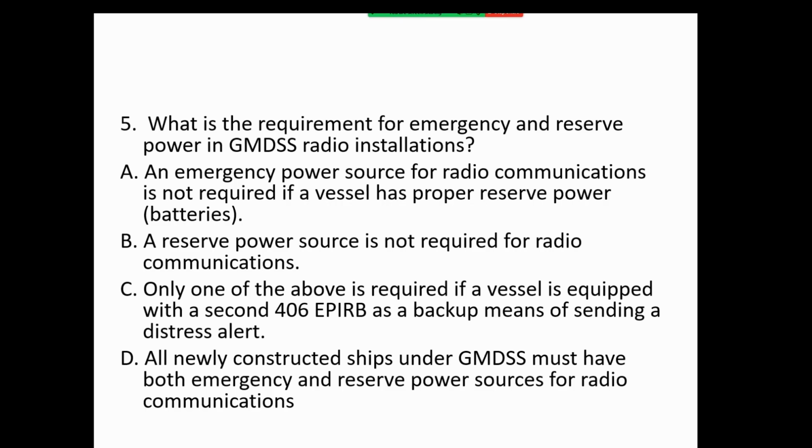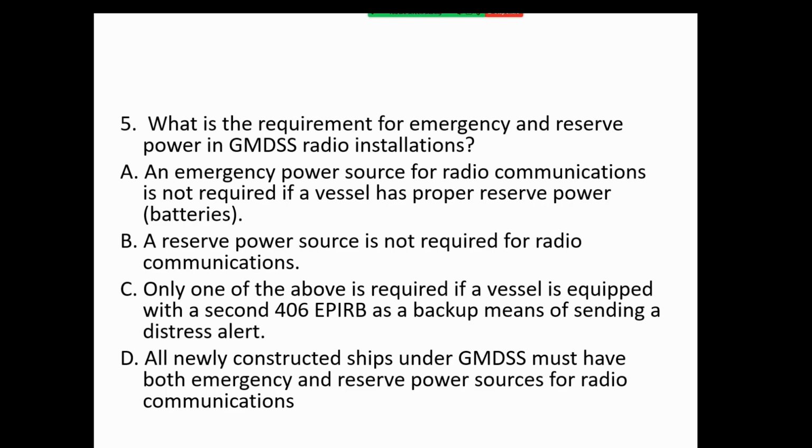B, a reserve power source is not required for radio communications, period. Well, we pretty much know that that's not true. C, only one of the above is required if a vessel is equipped with a second 406 EPIRB as a backup means of sending a distress alert. A little bit confusing there, but let's go ahead and see what D says.